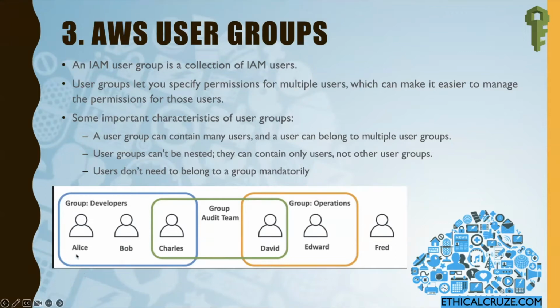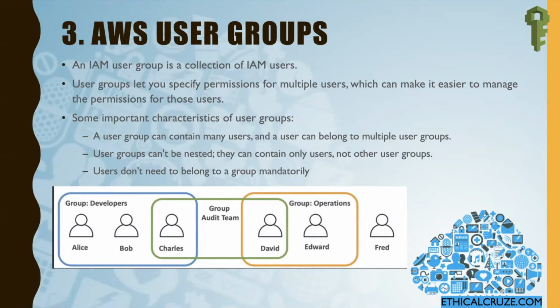Let's suppose when we started our team, we had only Alice in our developers team. But after some time Bob also joins the team, and after some time Charles also joins the team. If every time someone joins or leaves the team we provide permissions at the user level, then it will be a tedious task to maintain permissions for them.